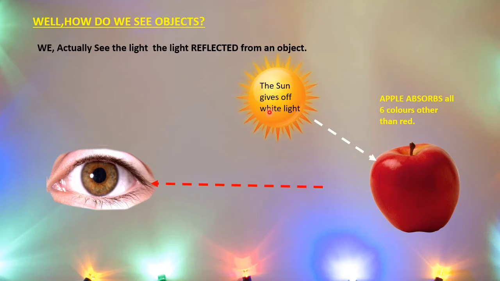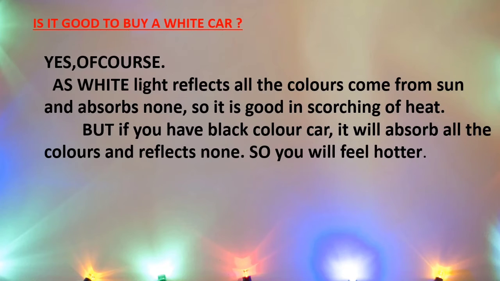Suppose this is the sun, and the sun gives white light. First, this white light comes to this apple, and the apple absorbs all the colors other than red. We see it as it reflects back the red color to our eye, so we see this apple as red. Now, is it good to buy a white car?